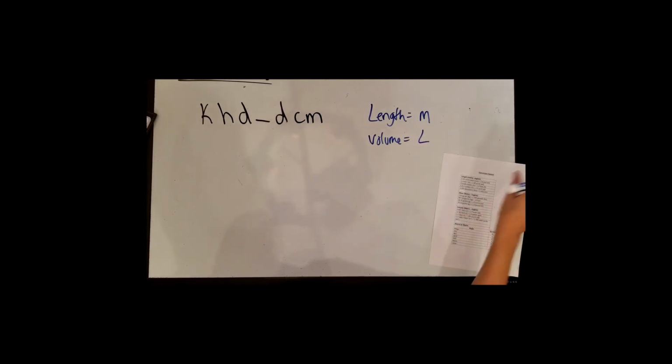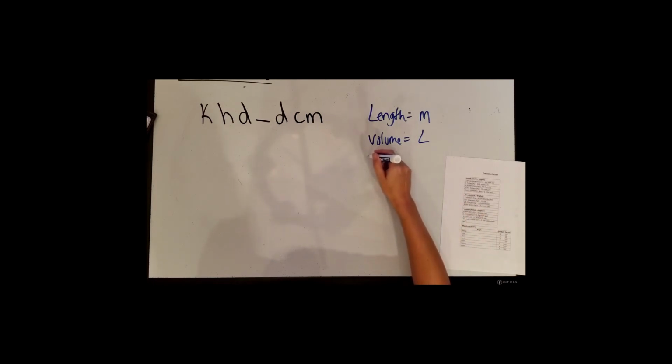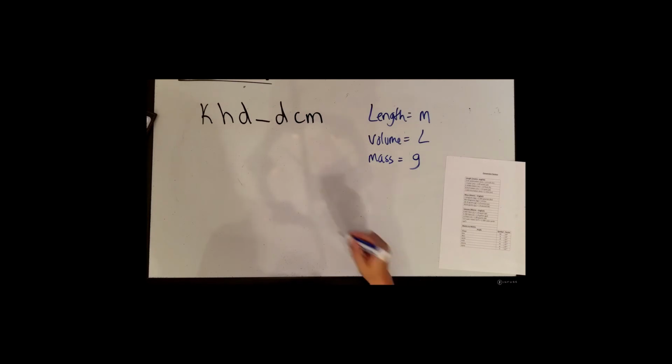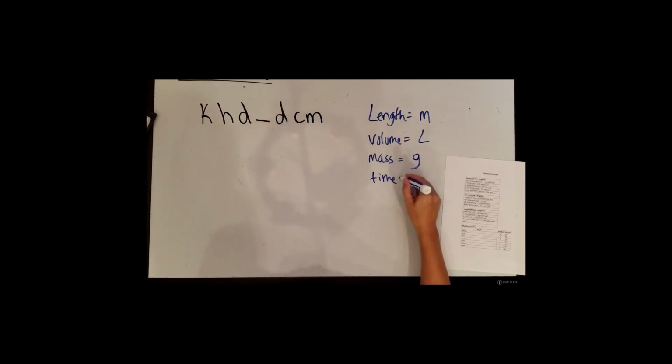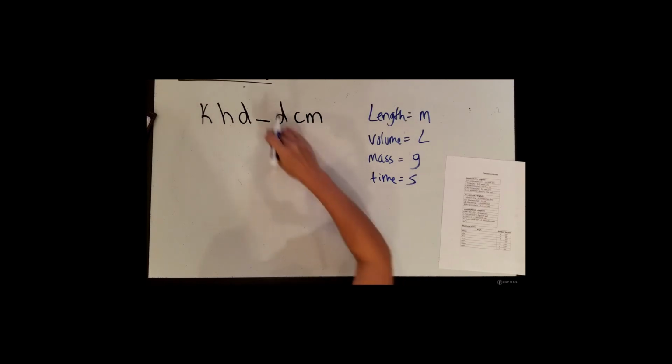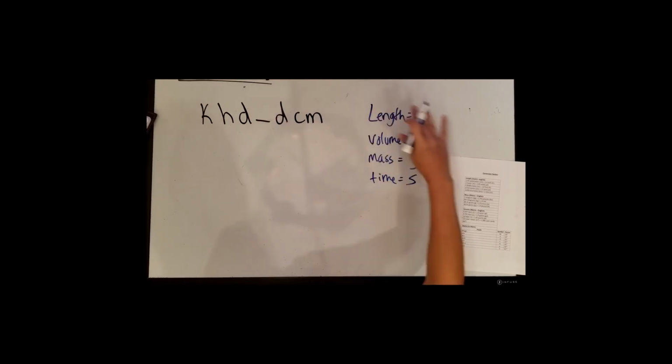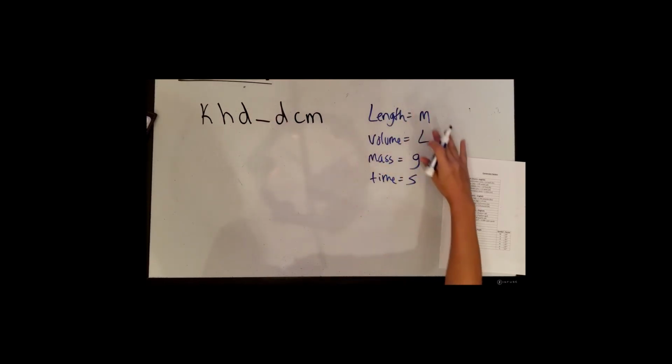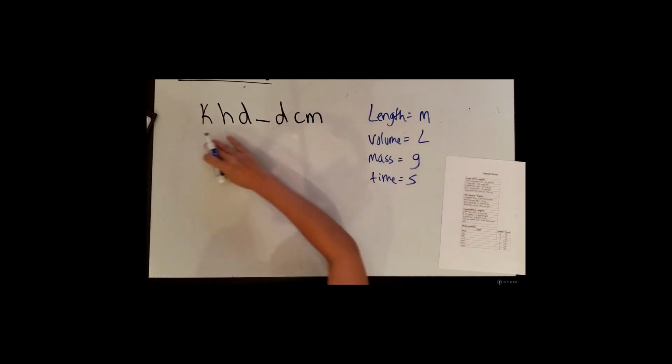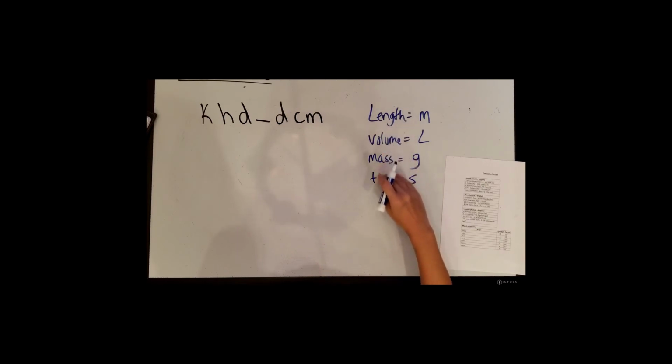For mass, you would use grams, put a G there. If you were talking about time, you would use seconds, put a S there. Okay, so depending upon what unit you're measuring, you'll fill that in accordingly. Okay, because this scale can be used for all of these units of measure.